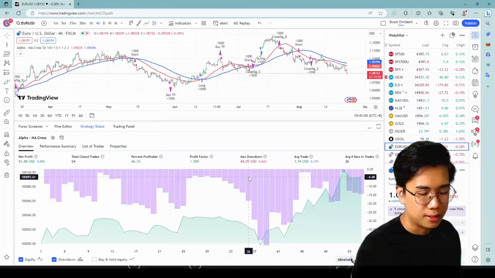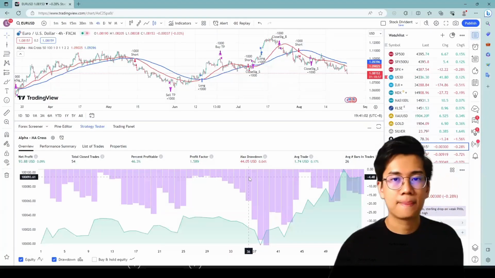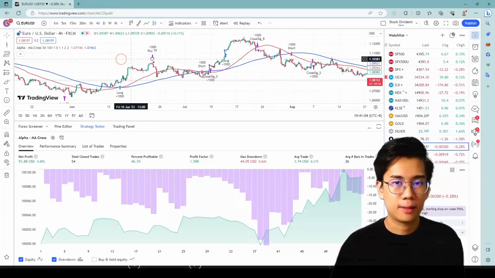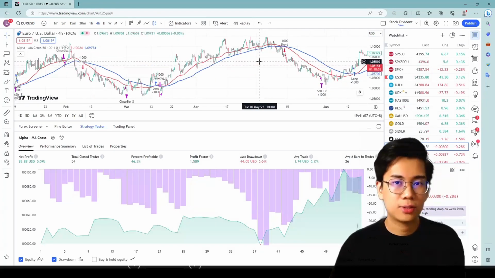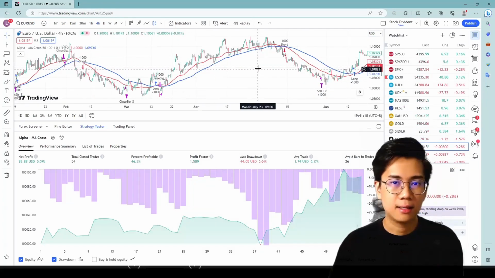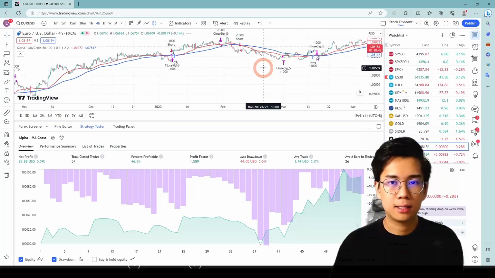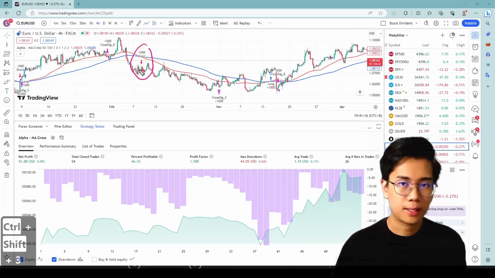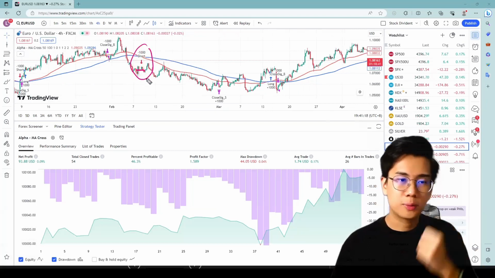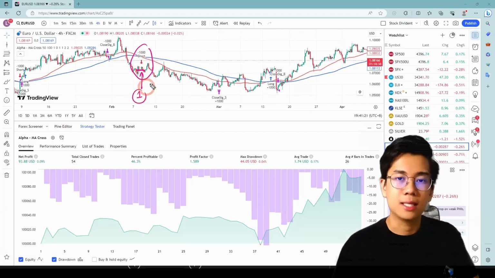Do you enter immediately after the MA cross or do you wait for a confirmation bar first? Now, my question is, given a chance right now, let's say the market tells you to sell here. You have two options. One is to sell immediately.